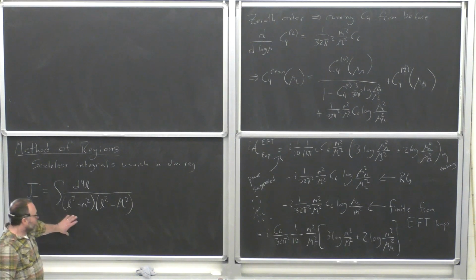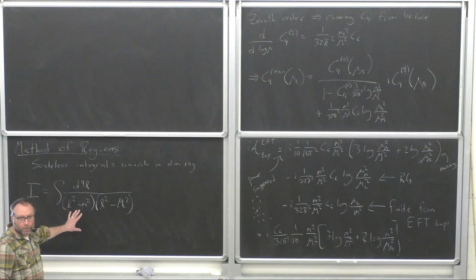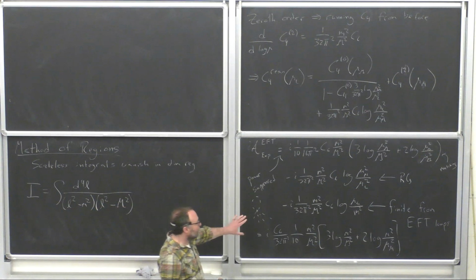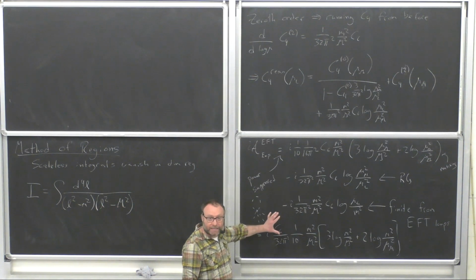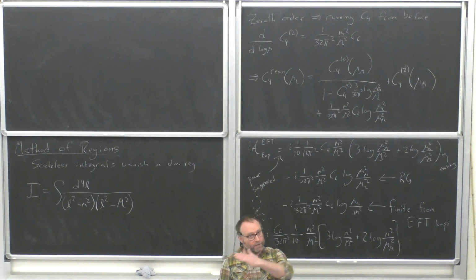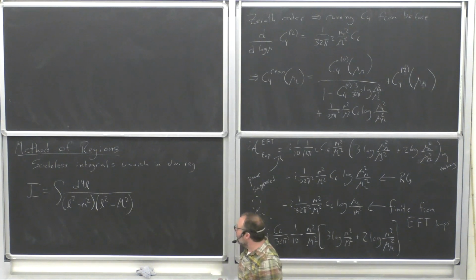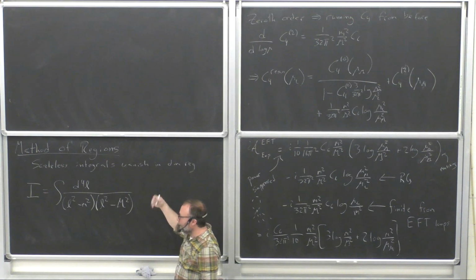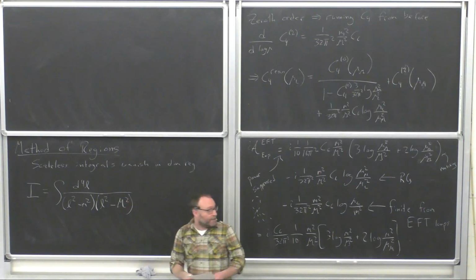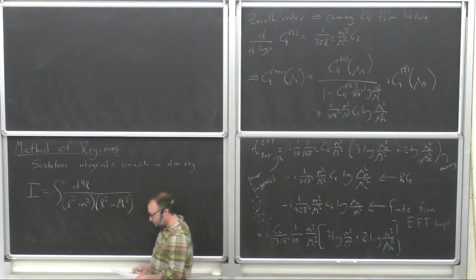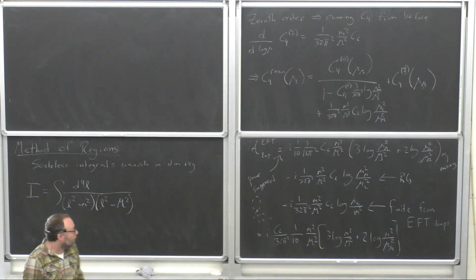We've seen that doing this integral gives you logs of little m over big M. And we've seen that EFT in practice allows us to separate scales and get logs with mu over little m and logs with mu over big M. Here, we just took this example and applied the tools, but I want to show you the method of regions, which allows you to see this scale separation more generally.